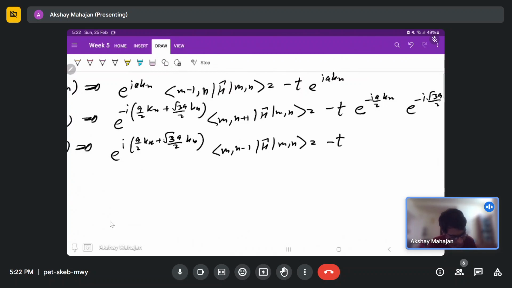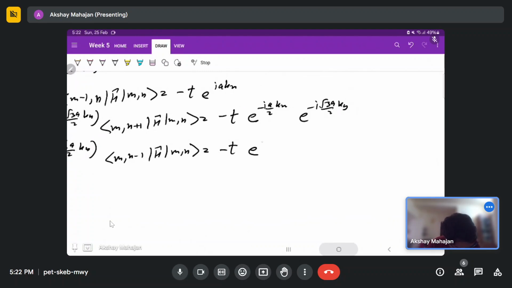This will give us minus t e to the power iota a by 2 kx, e to the power iota root 3 a by 2 ky.